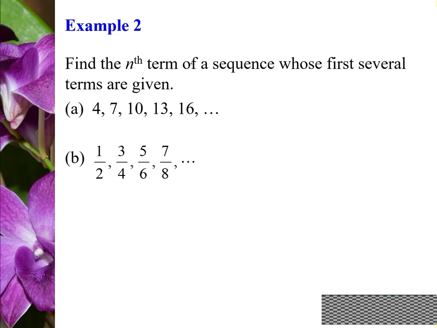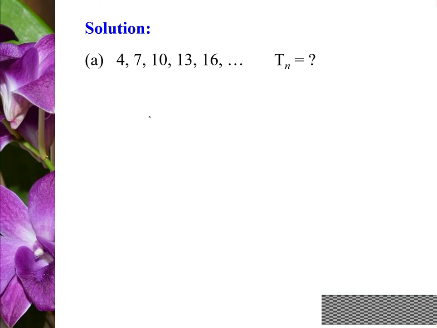Okay, example 2. Find the nth term of a sequence whose first terms are given. Right. So this is a little bit more challenging than just now. So we want to find the general formula for the terms. How to find it after they have given us the sequence is, we can start by finding the difference between these terms.